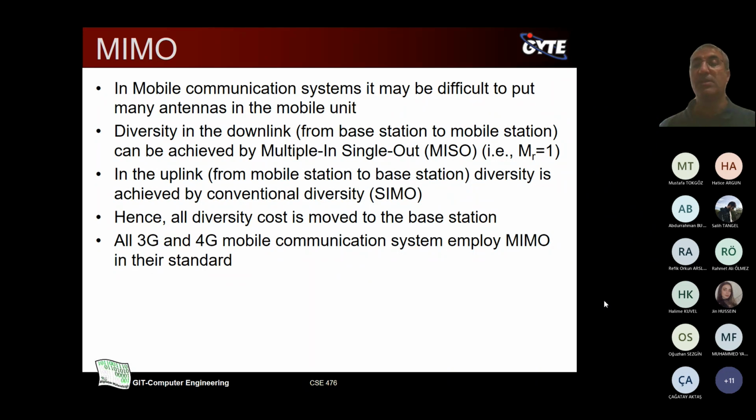So this diversity is achieved by the conventional diversity, which is single input, multiple outputs. Therefore, all the diversity cost is moved to the base station, because the base station is large, there's no space problem. But in the mobile smartphone, we have a space problem. That's why we use SIMO at the mobile, and we use MISO at the base station. And all 3G, 4G, 5G utilize this MIMO technology.